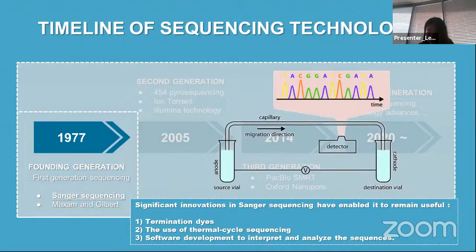Specifically, the development of automated, refillable, reusable capillaries has contributed to the enhanced speed and ease of the Sanger process. Also, the Sanger process can give high-quality sequence for relatively long fragments of DNA. On the other hand, it is an expensive process with a low data output.